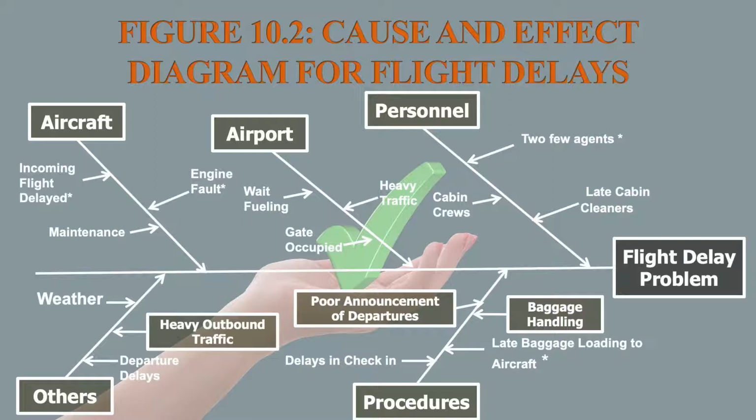These are all called major causes. Then in between are the principal causes, which are shown with an asterisk, and you can identify various causes. So the main causes are personnel, airport, aircraft, like men, machine, like that.